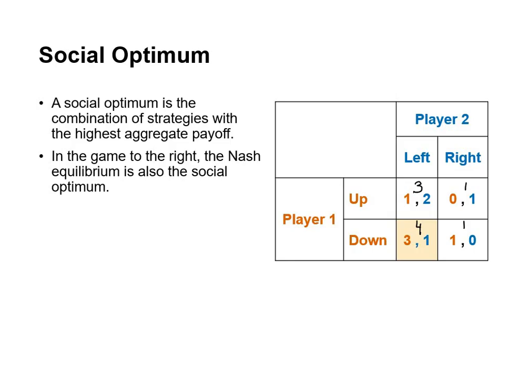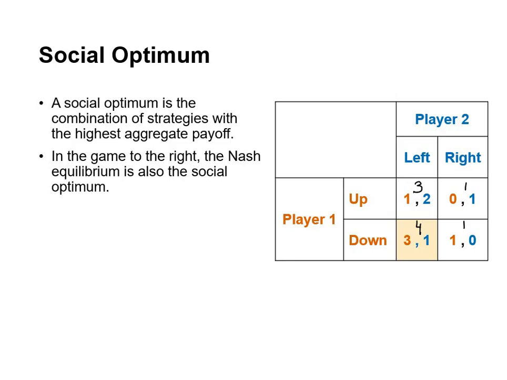So that is irrelevant for the social optimum. In economics, we are typically not concerned with maximizing a particular player's maximum profit, but the maximum profit for the society as a whole. And that is given by the combination of player 1 plays down and player 2 plays left.